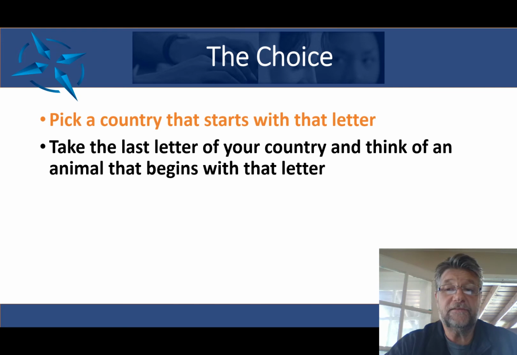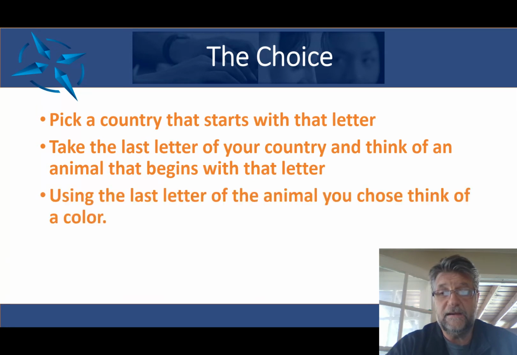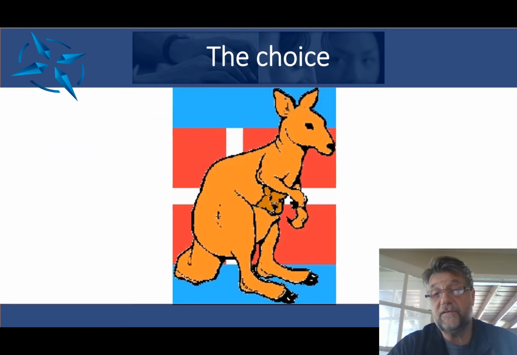Take the last letter of your country and think of an animal that begins with that letter. Using the last letter of the animal you chose, think of a color. Now, how many of you came up with an orange kangaroo from Denmark?